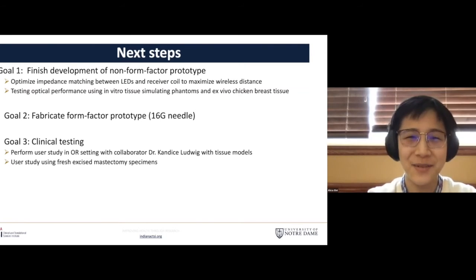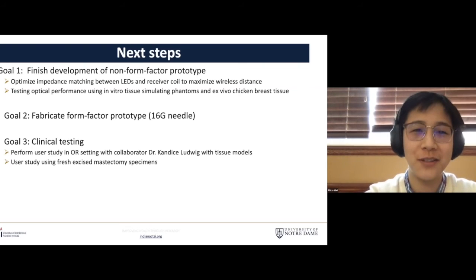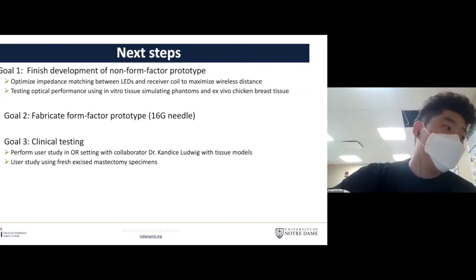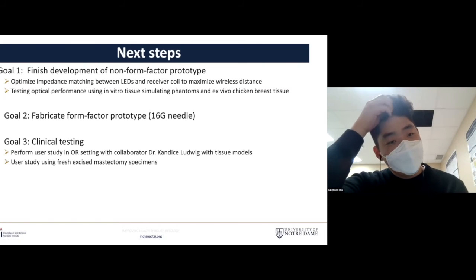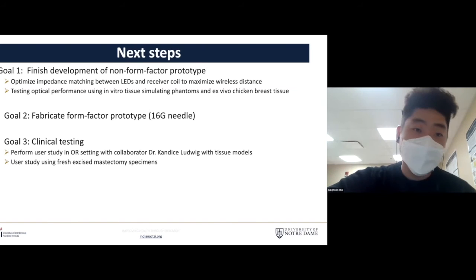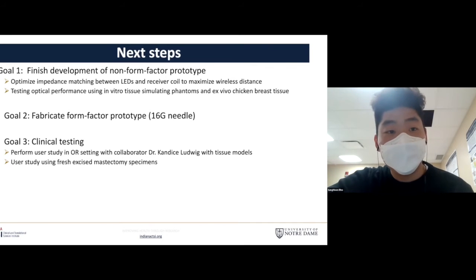I have one question. Why did you choose those two wavelengths? When we talk about the absorption spectra of the tumor lesions, they can scan different chromophores depending on the absorption spectra.